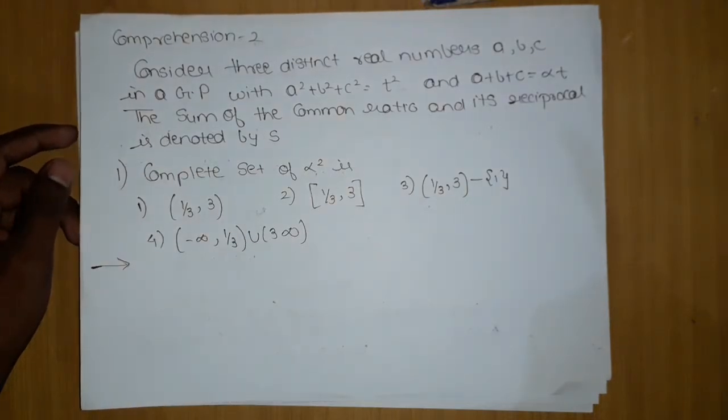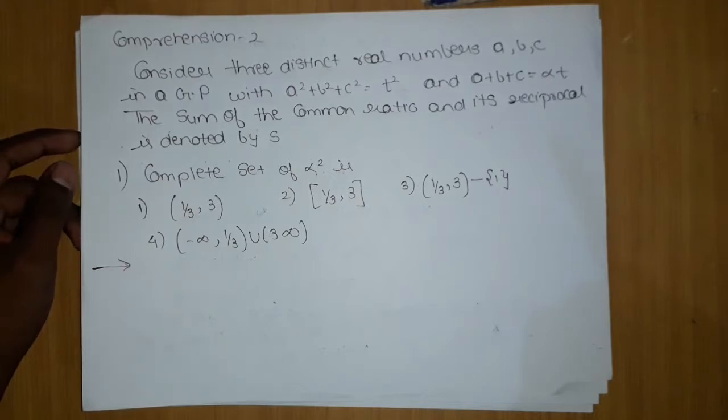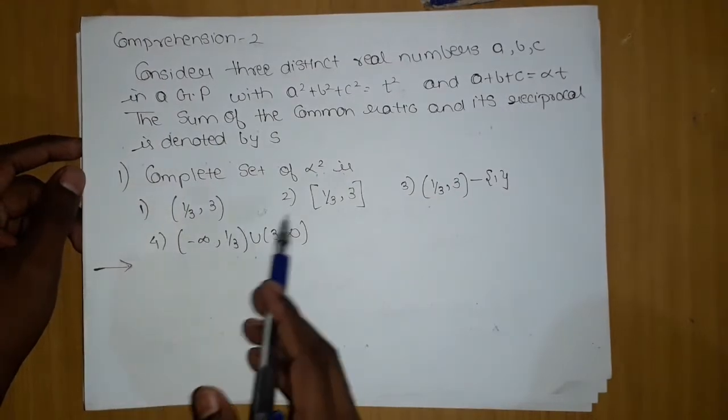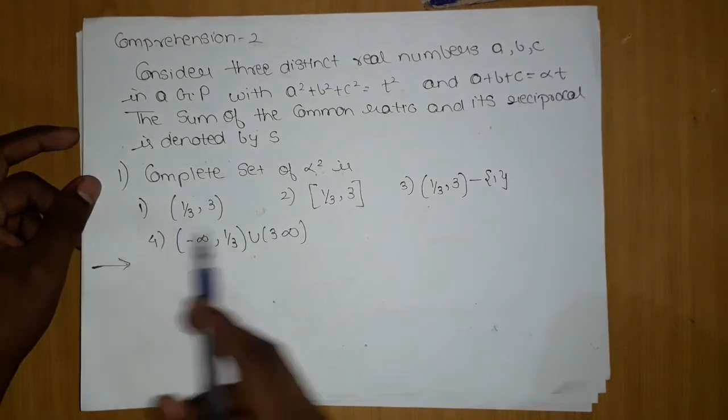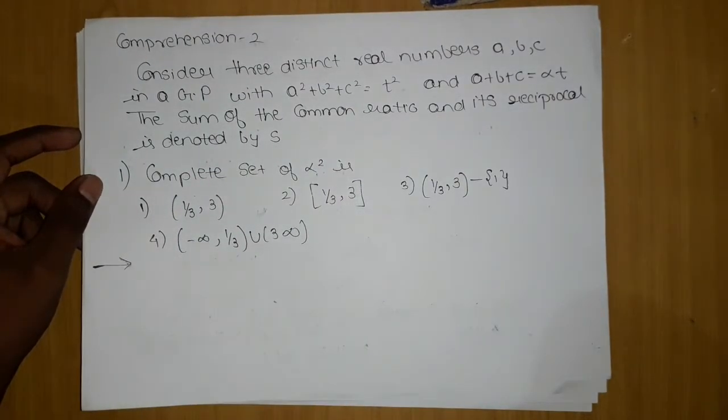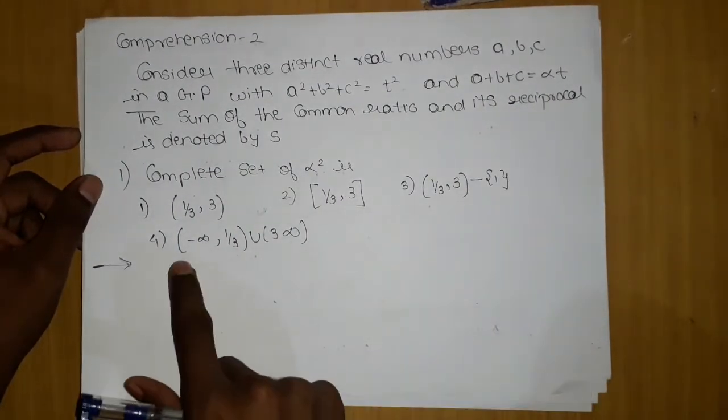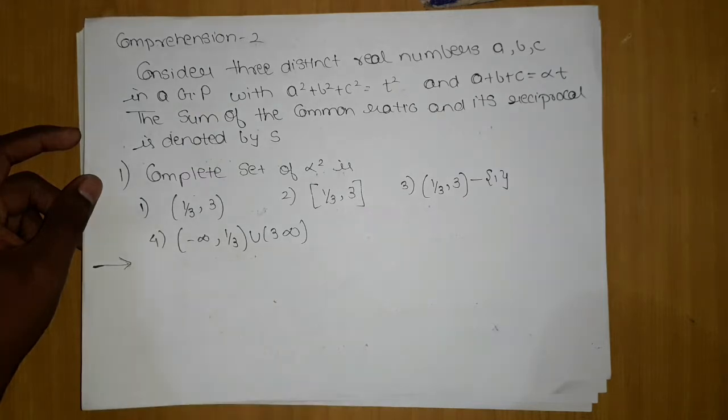The sum of the common ratio and its reciprocal is denoted by s. First, find the set of alpha square. The options are: 1 by 3 to 3 with 1 by 3 and 3 included; 1 by 3 to 3 with 1 excluded; and minus infinity to 1 by 3 union 3 to infinity.